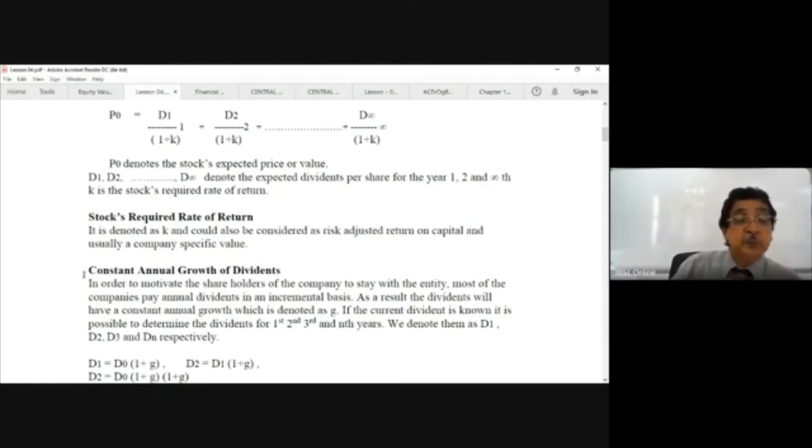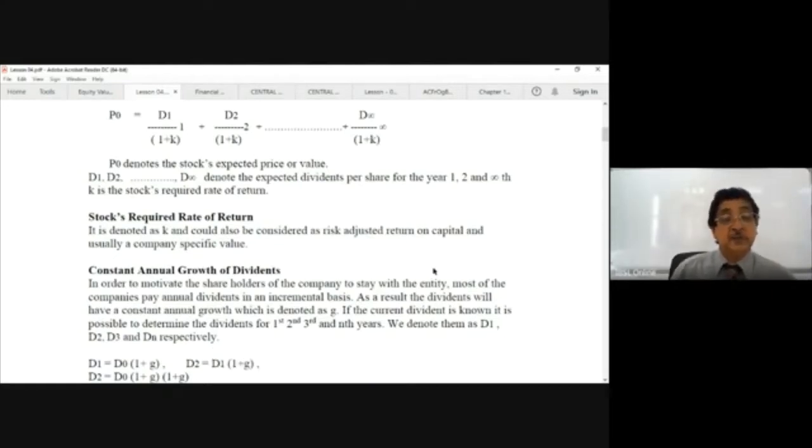There we assume the dividends grow at a constant rate. That is our main assumption in this stock valuation process: the dividends grow at a constant annual rate.